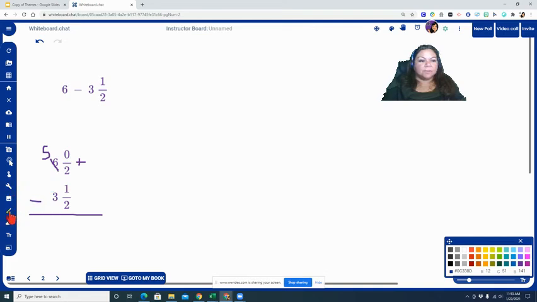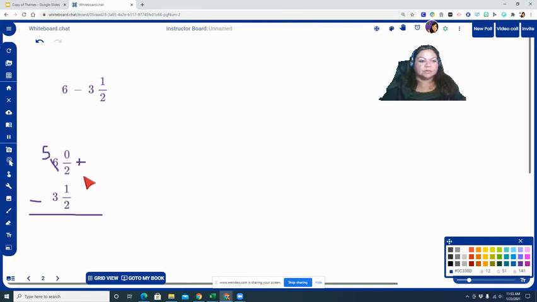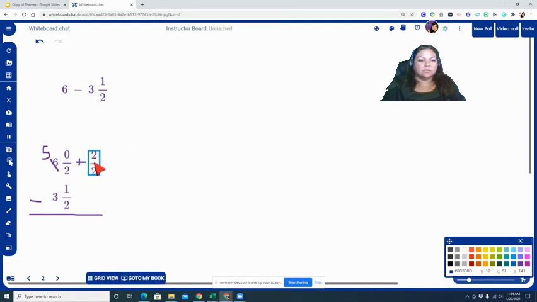So now I'm going to add that whole number. I'm going to write my 1 as a fraction and use 2 as a denominator. So I'm writing 2 over 2, and moving 2 over 2 there. I'm going to combine it before I'm able to subtract.